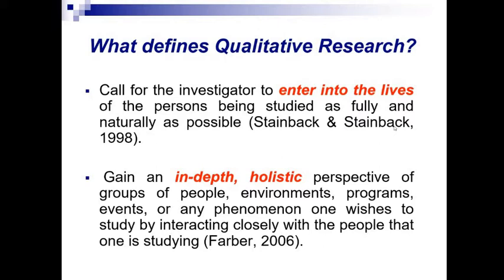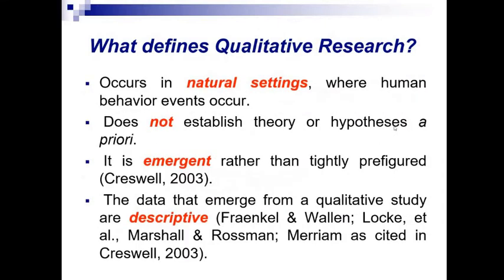And usually, in qualitative research, things occur in natural settings, no? Most especially when we're doing ethnographic studies, when we are, for example, studying the life of our indigenous groups. So what we do is that we study their way of life in their natural setting where they are naturally behaving, diba?